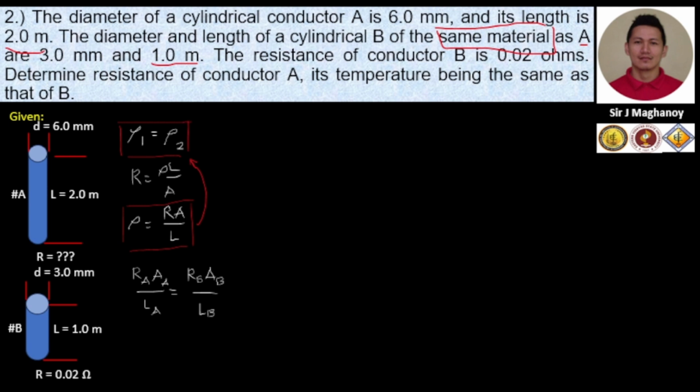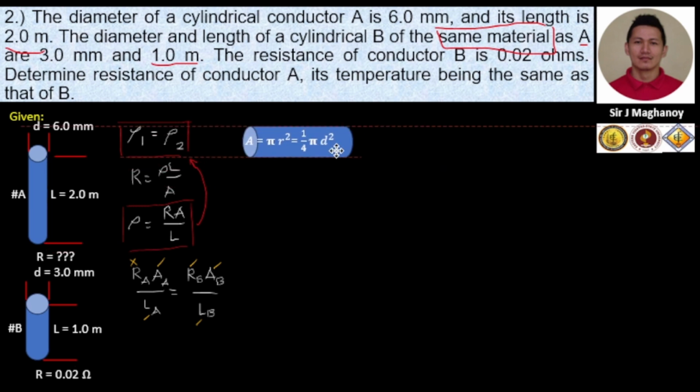Okay, so we need to check the data. The resistance of A is unknown, and the given is in diameter, so we have to get the cross-sectional area. The resistance of conductor B is given, and both lengths are given. So our unknown is the resistance of conductor A. Again, we need to deal with the cross-sectional area of both conductors.